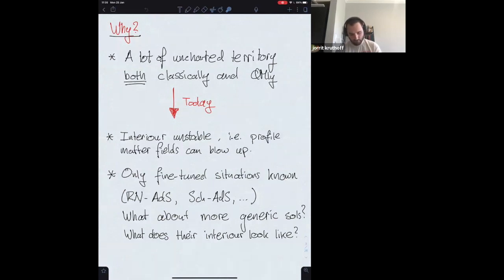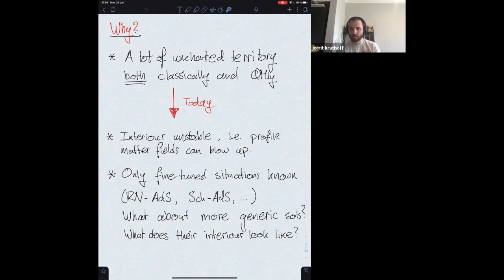Furthermore, one other aspect, which will be the main part of the talk, is that we only know the black hole interior for certain special solutions, for instance the Reissner-Nordström AdS black hole or the Schwarzschild AdS black hole. But what about more general solutions, in a more generic fashion, where there are scalar fields present and other matter fields?